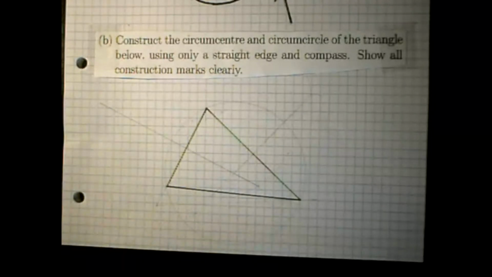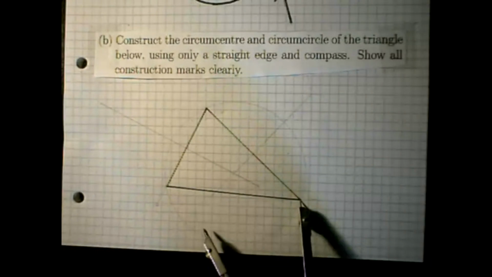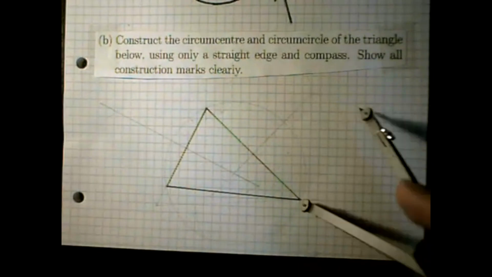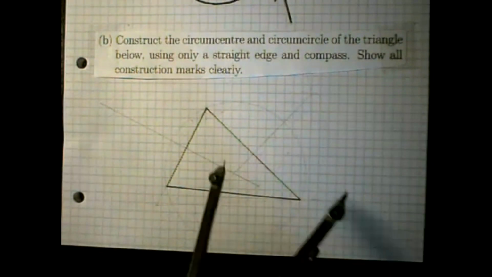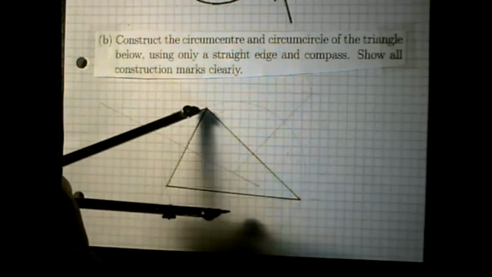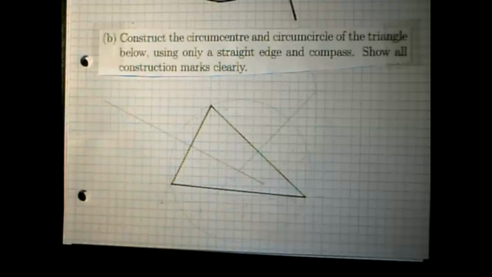The circumcenter is constructed by bisecting all of the sides of the triangle. So to do that, you set your compass at the corners, at the vertices, draw arcs like that, set it at the other vertex and draw the same arc. It has to be the same length. And join the 2 points where those arcs cross, and you will have bisected one of those sides.